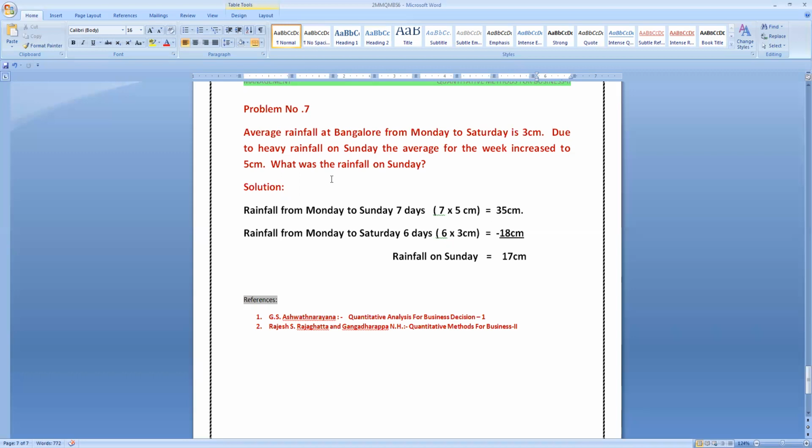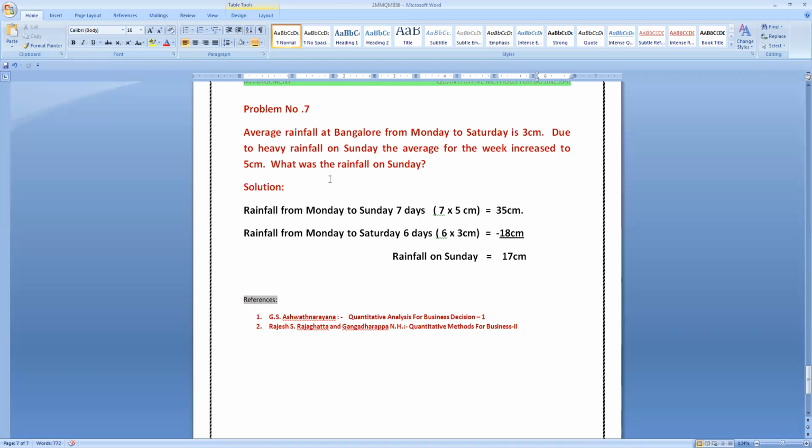Let us see the average rainfall from Monday to Saturday. They have given that for 6 days, and Monday to Sunday is also given, that is for 7 days. Let us calculate the rainfall from Monday to Sunday, 7 days, 7 into 5 centimeters they have given, because if you consider Sunday also it becomes 5 centimeters.